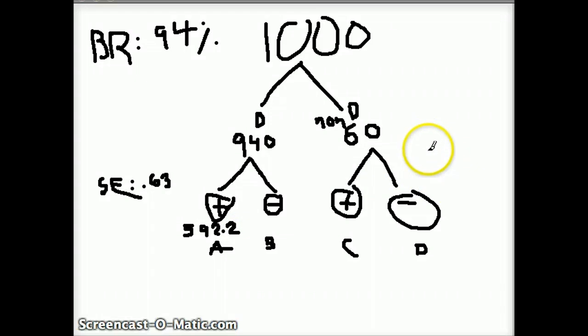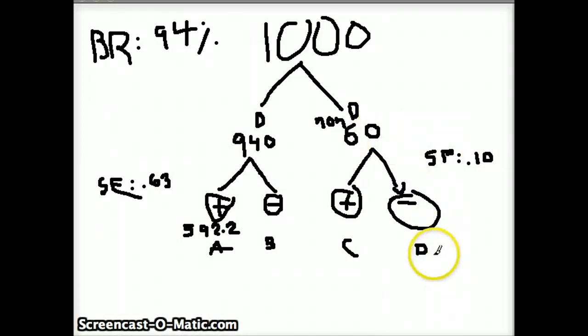The specificity is 0.10, or 10%. You need to learn to go back and forth between things given as decimals like 0.10 and 10%. If that's troublesome for you, it's something to get used to because they can be given in either way in articles. All right, so 10% of 60 is 6, so that number goes here.